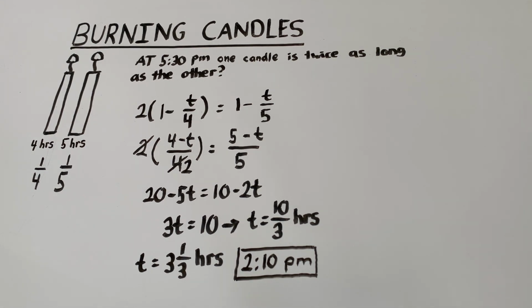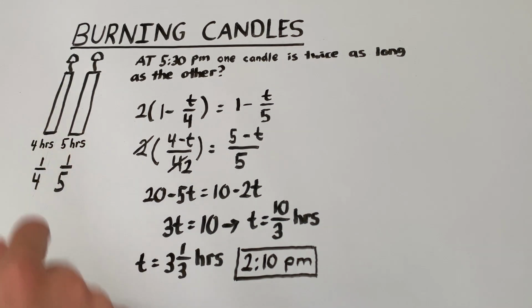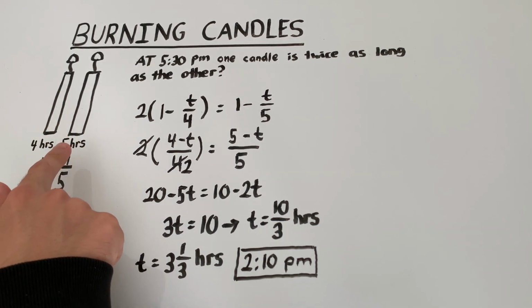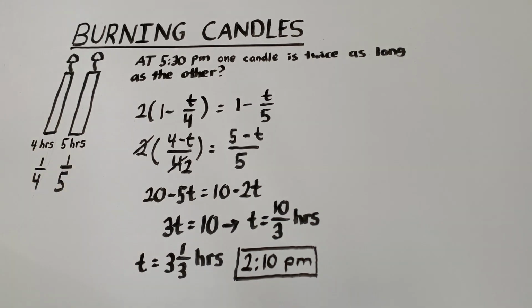Now we can do a final check to make sure that our answer actually makes sense. Now it's a good thing that we got a value of t that was less than 4 and 5, because if we got a value of t larger than either of those numbers, let's say 4.5, well then, after 4.5 hours, this candle would almost be completely extinguished, but this one is already completely gone.